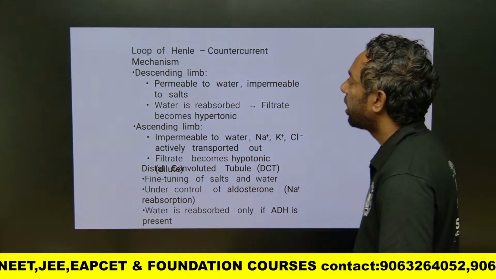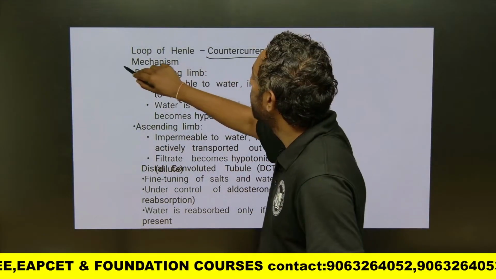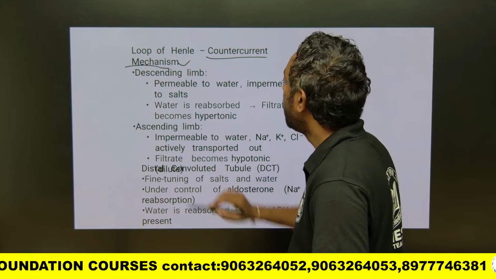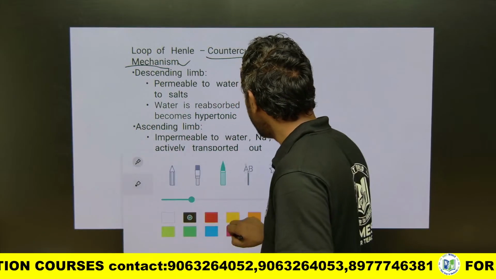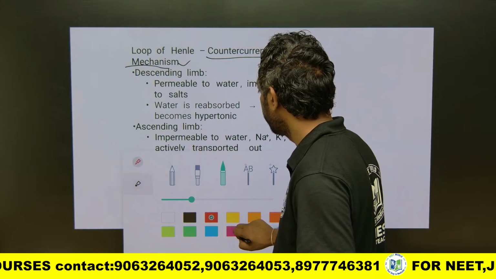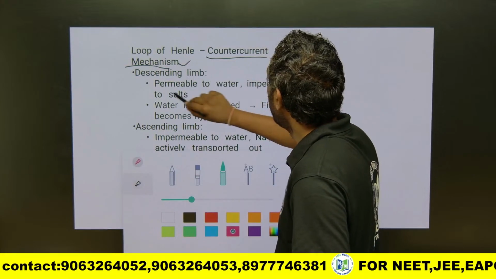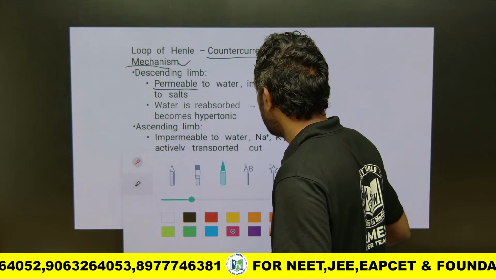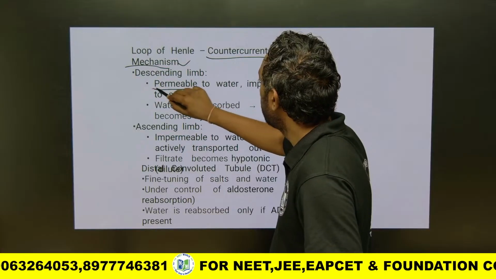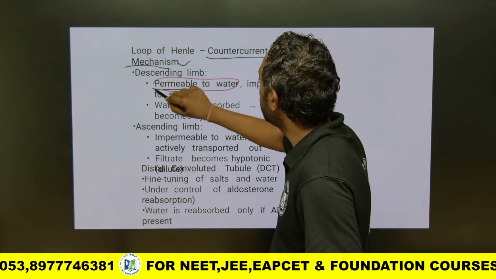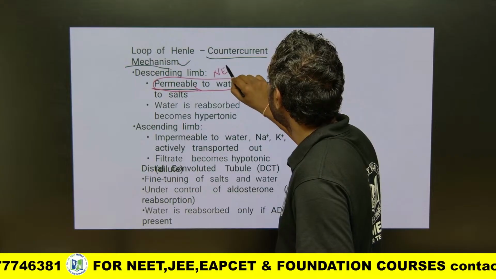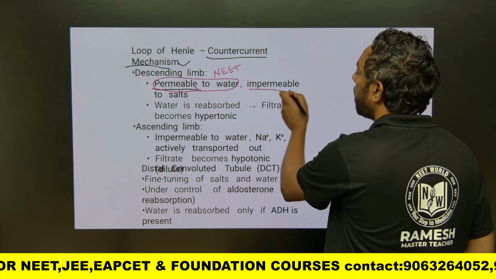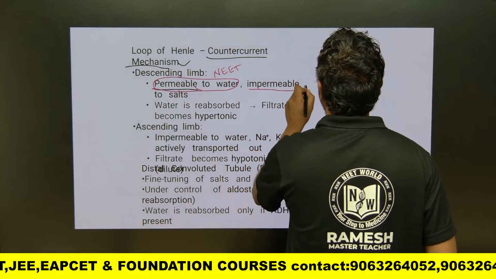Next, the loop of Henle, where the counter current mechanism is applied. The descending Henle loop is important, guys. It is permeable to water and impermeable to salts like NaCl.